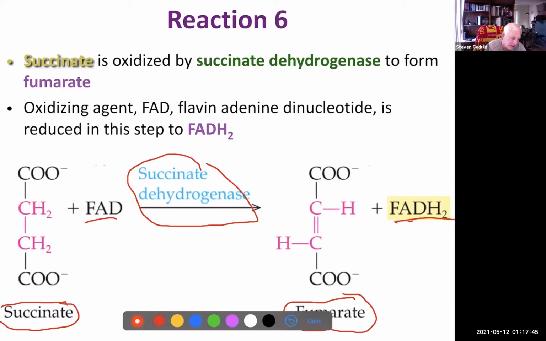And when reducing FAD or reducing NAD+, we're allowing those bonds to transfer, and those can convert into ATP when those electrons are released again and go down the electron transport chain in the mitochondria. So the oxidizing agent FAD, which is flavin adenine dinucleotide, is reduced in this step to FADH2.